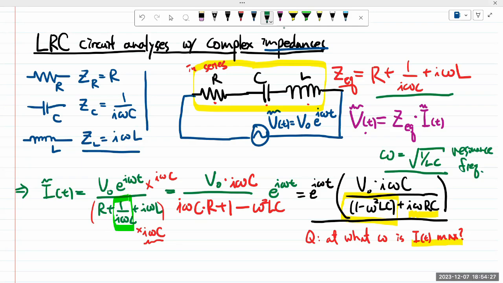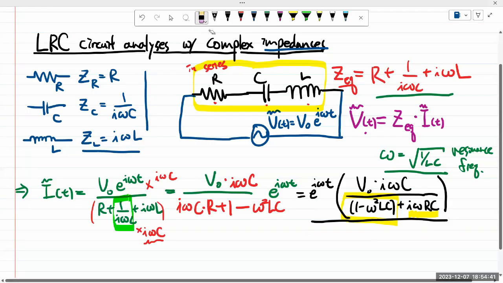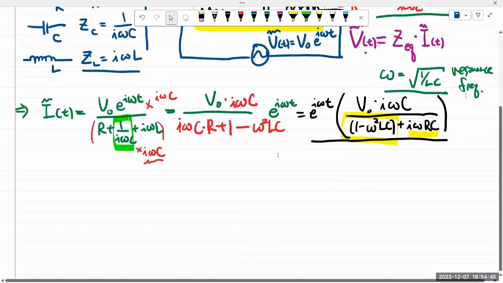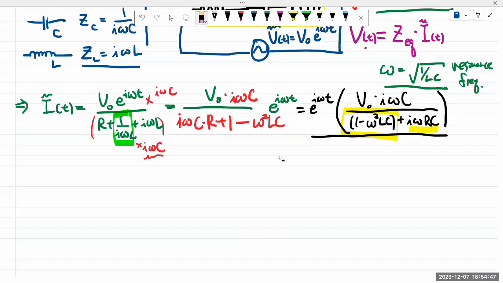The rest of it will need a bit of mathematical sophistication. I want to look at it this way. I have this complex number, and I need to explain a little bit of tricks about dealing with complex numbers. Looking at this number as a whole, I can think of it like a complex number g, lowercase g.